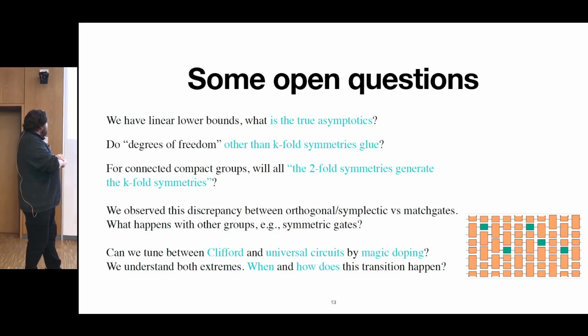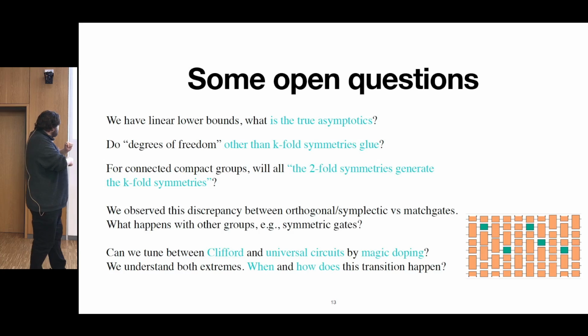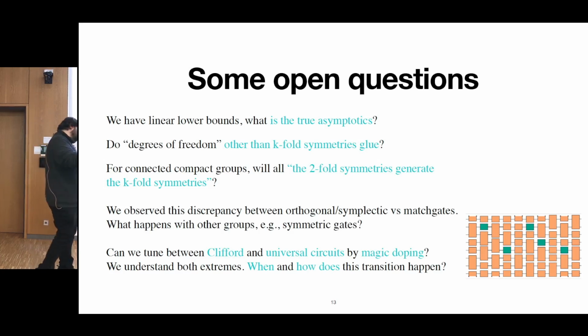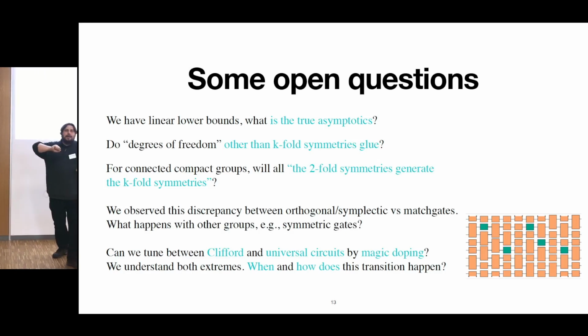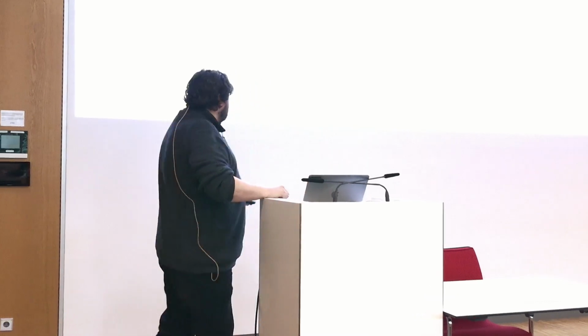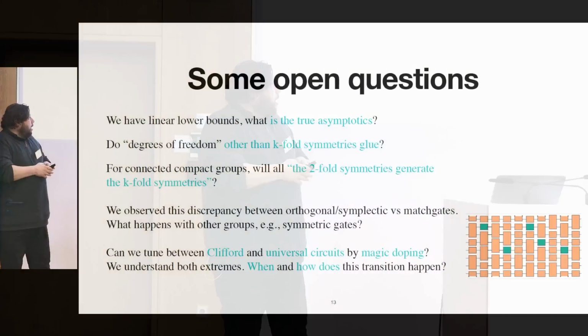And then also connected to this, you can also ask a more generic group theory question. We know that in some cases, for example the Clifford case, you have extra symmetries in the fourth tensor copy, but they don't generate all the symmetries. For example, you need, I think, the sixfold tensor copies, and those two generate. But of course, those are the cases when you have a connected compact Lie group, and the Lie algebra totally controls the behavior.